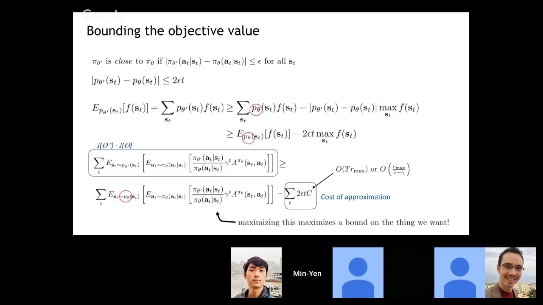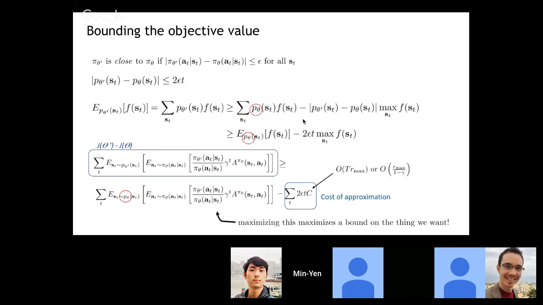Which part? Okay, so if you have an expectation over some state distribution p_theta prime of some function f of s_t, it's equal to the sum of the product of the probabilities and the function, so this is the definition.